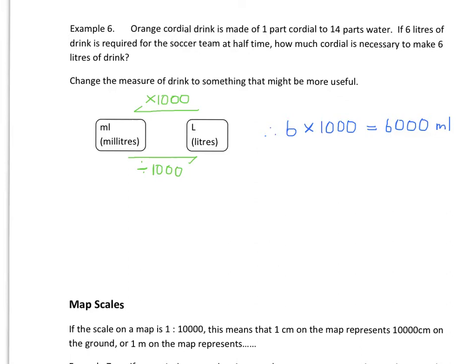So now let's have a look. We had 1 part cordial and 14 parts water. So the total number of parts was 1 plus 14, so 15 parts in total.